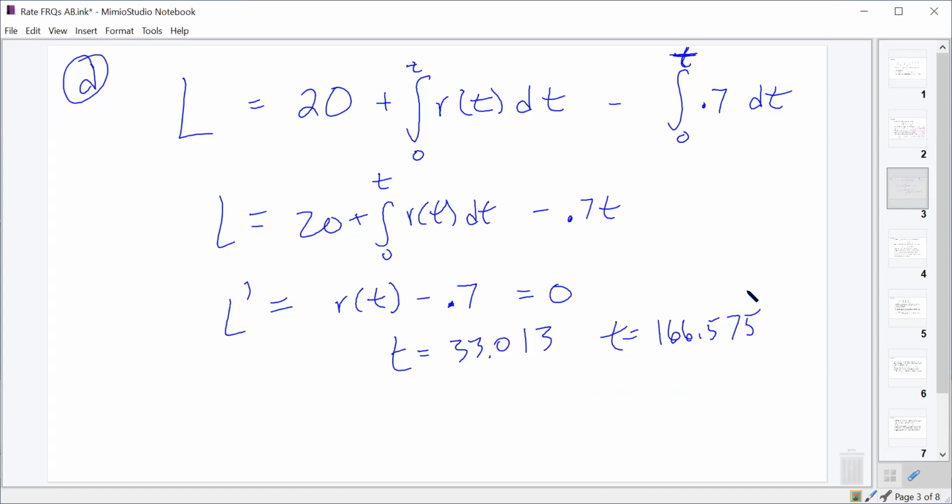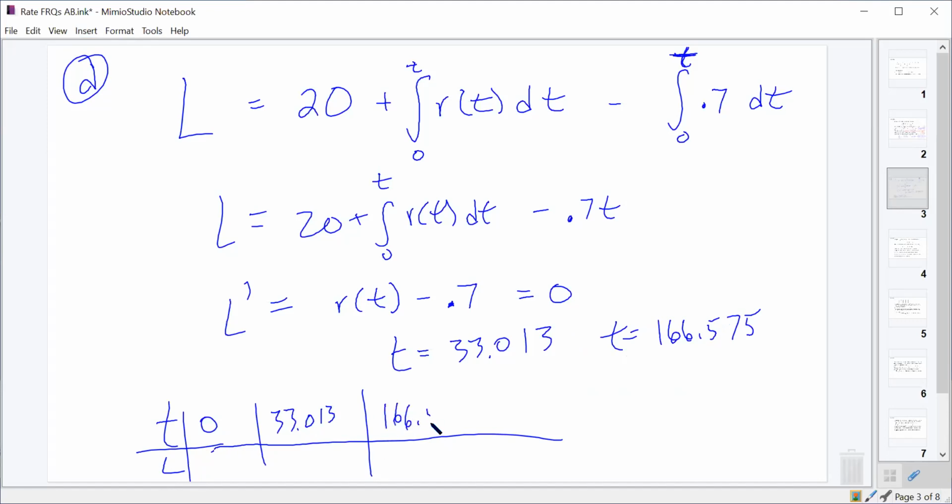Our other two options are it could occur at either of the endpoints. So 0, 33.013, 166.575, and 300. All of those are when we could be at a minimum on the interval 0 to 300. We know at 0 there was 20, and we know at 300 there was 80.